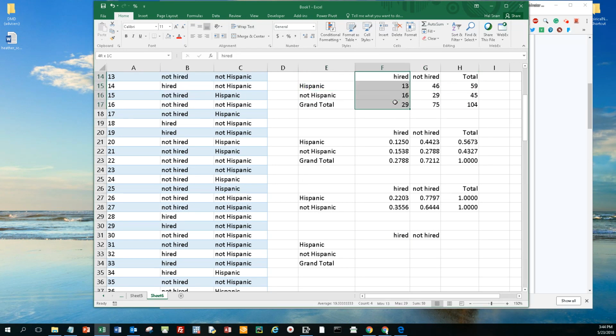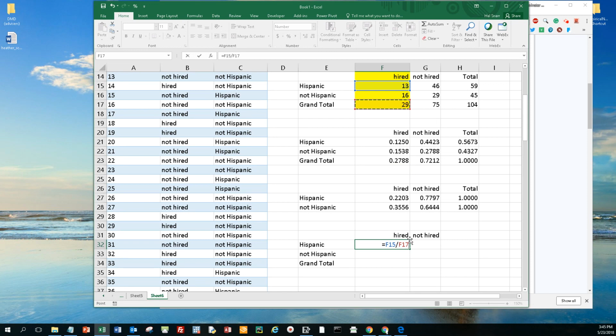And now we're going to say, hey, given that you're hired, all the not hired people are out of the room. The only people left in the room are the hired people. We're going to ask the question, what's the probability of being Hispanic given you're hired? So we're going to take the number of Hispanics that are hired and divide that by the number of people hired.